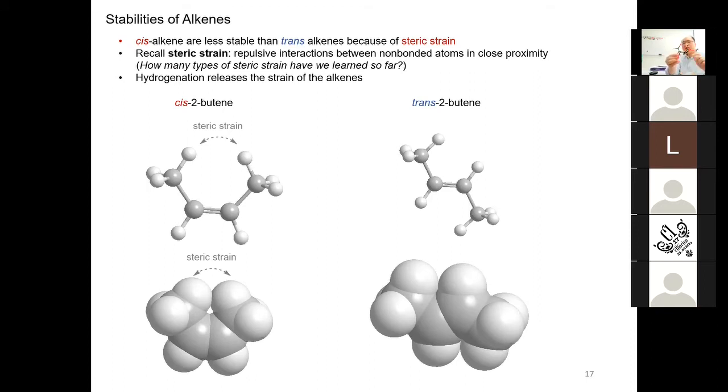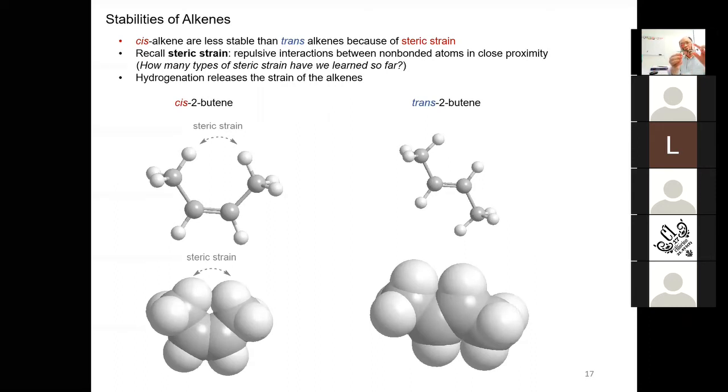The boat conformer has this white substituent and the red substituent close to each other. What is this called? It's a flagpole interaction. And then also in the chair conformations, what other steric interaction have we learned? Like these three, what do these three interactions mean? 1, 3-diaxial interaction. These are the basic steric strains we have learned.